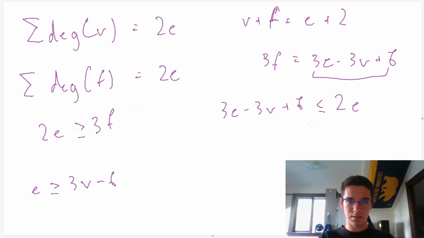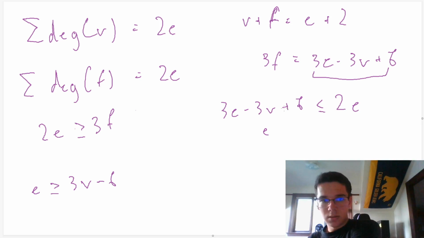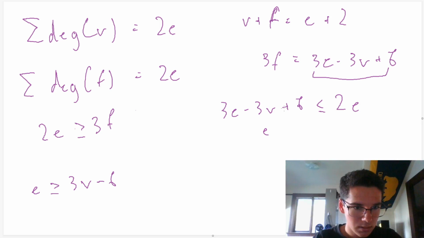And we're going to do some manipulation to find out that E is actually, let me see, did I say this right? I think I might have flipped the sign somewhere.